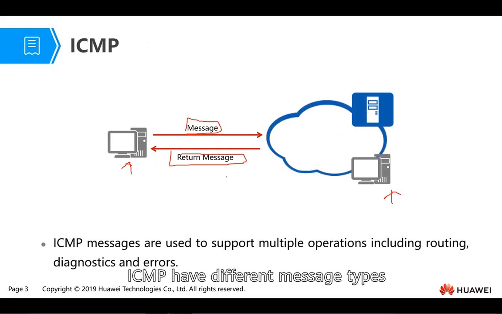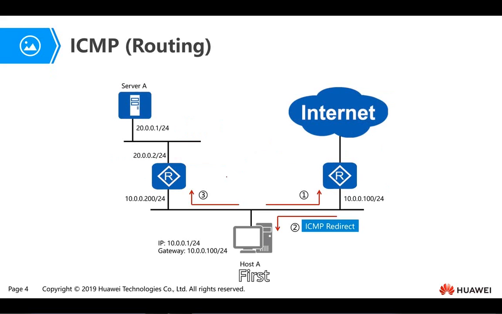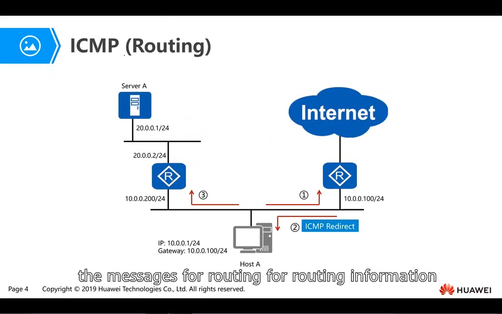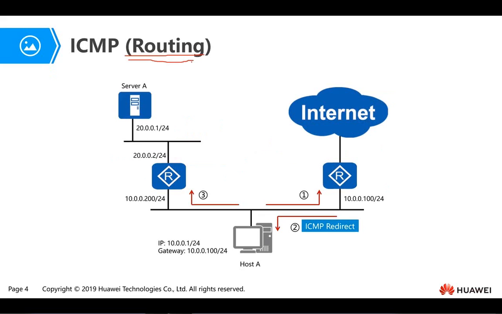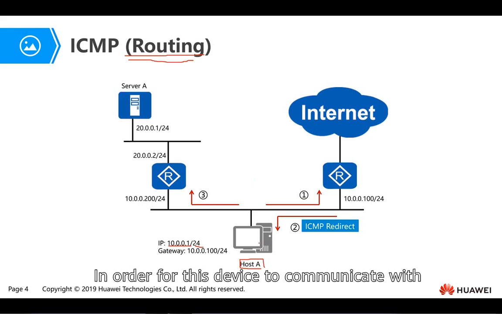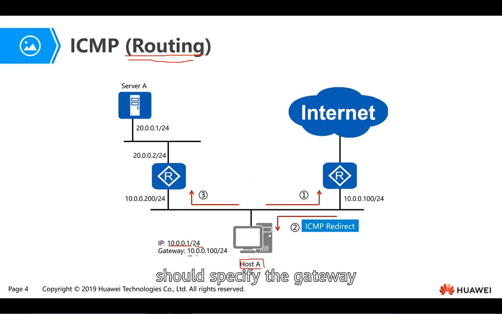For example, first, the messages for routing information. On a host, we can configure an IP address and network mask, and for this device to communicate with other devices on different networks, we should specify the gateway.